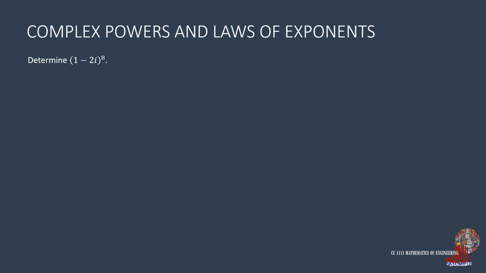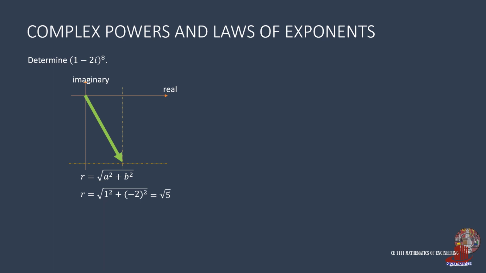For the next example, we are to take the 8th power of 1 minus 2i. If we draw the complex number, we have positive 1 pointing to the right and negative 2i is a component pointing downwards. The vector then lies in the fourth quadrant. The modulus is solved as the root of 1 squared plus negative 2 squared to have the root of 5.